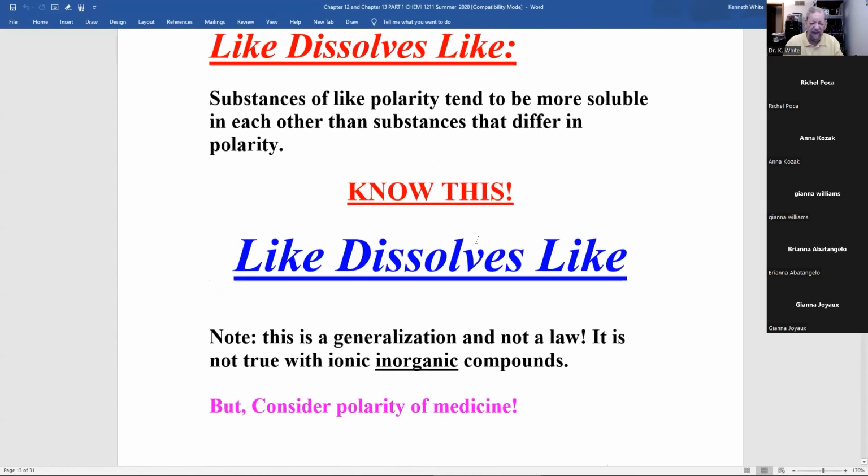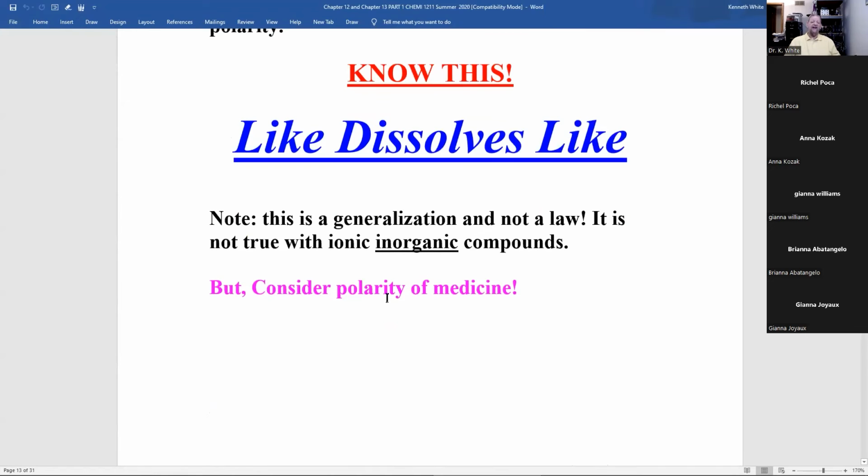Again, this is probably one of the most important things. Medicine is usually polar. If you look, and I teach this in organic chemistry, the actual structures, but if you look at a lot of the medicine, both over the counter and the key ingredients in medicine you are given by a doctor, you'll see they're polar.